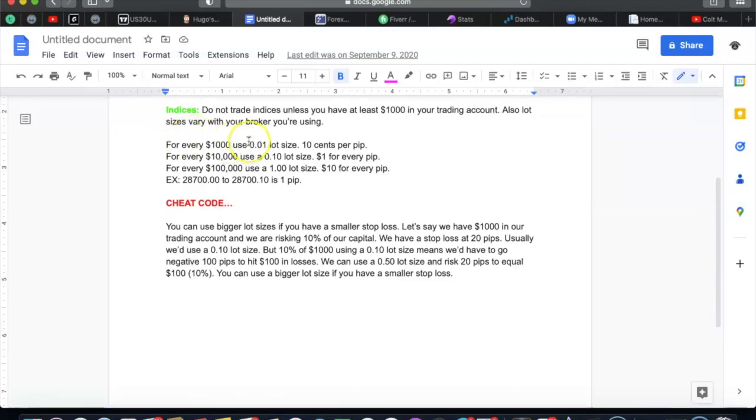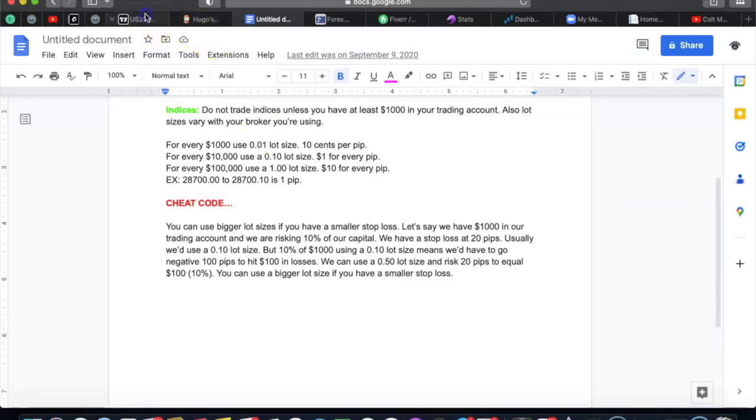For every $1,000 that you have in your account, you're going to use a 0.01 lot size. So if I catch 1,000 pips on a 0.01 lot size, I'm going to make $100. If I catch 2,000 pips, I'm going to make $200, which is pretty good. On US30, you definitely can catch 2,000 to 3,000, even 4,000 pips per trade. US30 definitely moves.